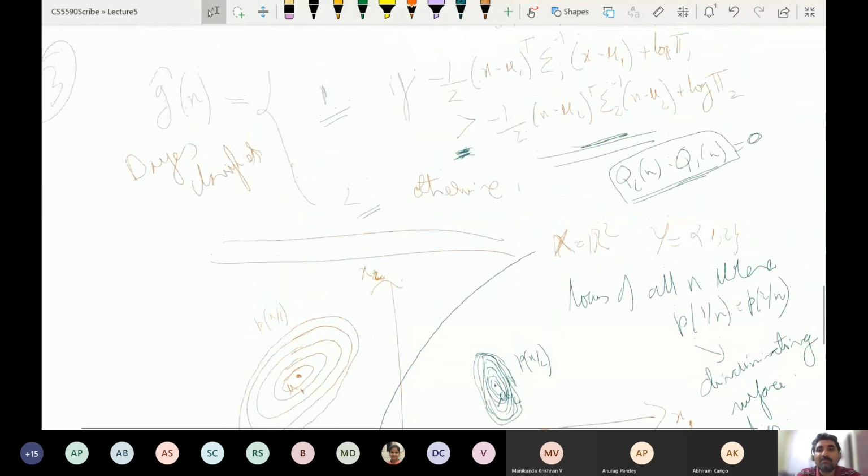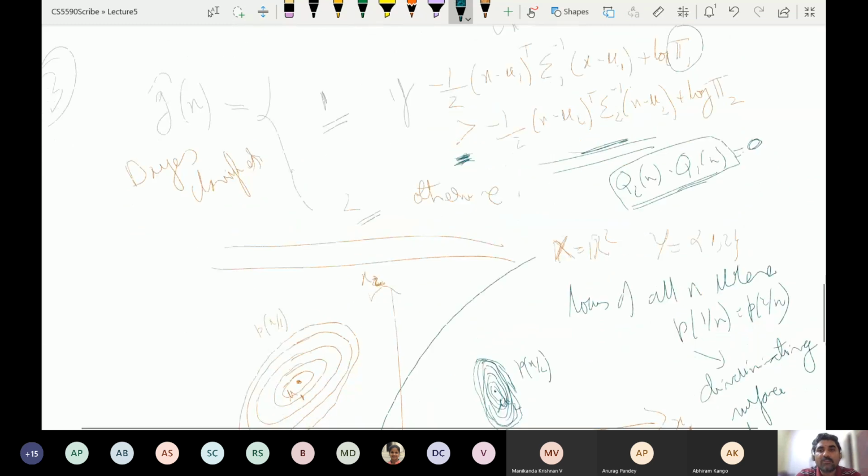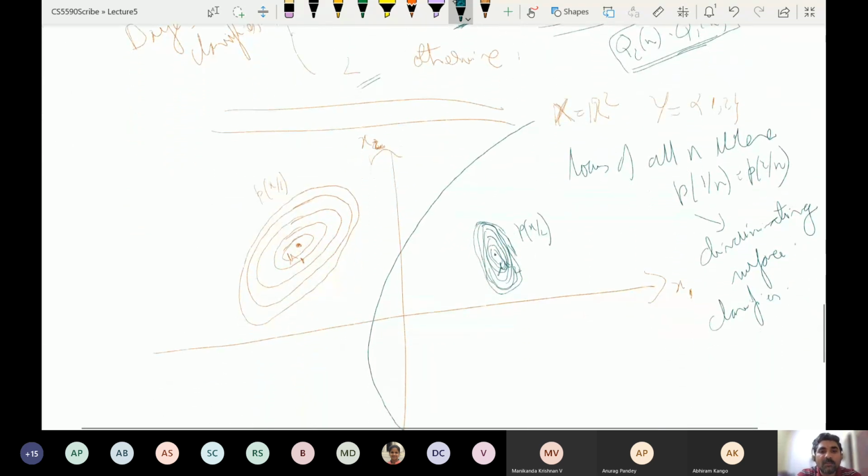Okay. And what will happen with pi? If you have pi 1 more than pi 2, but everything else the same, the same shape remains and the classifier keeps going to the side of what? Side of 2, because P1 is greater than P2. If you keep on increasing the prior of 1, more and more points get classified as 1, right?